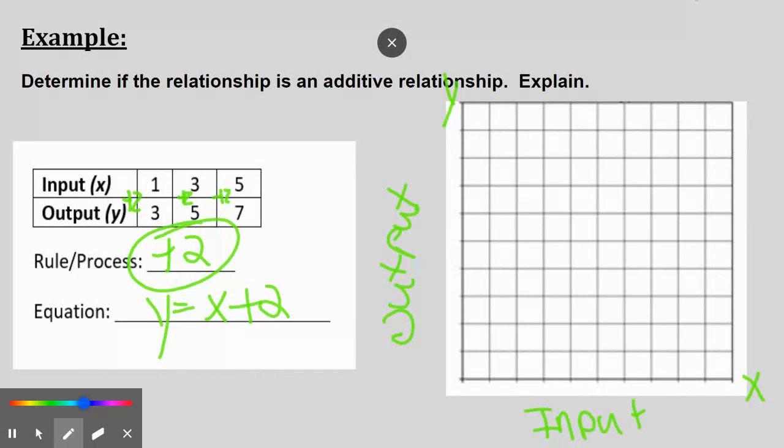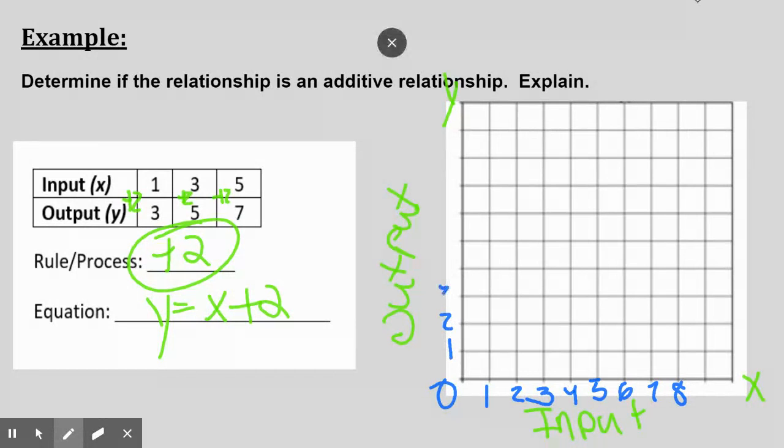You also need to number your axis. And then we can graph. However, we need our ordered pairs.